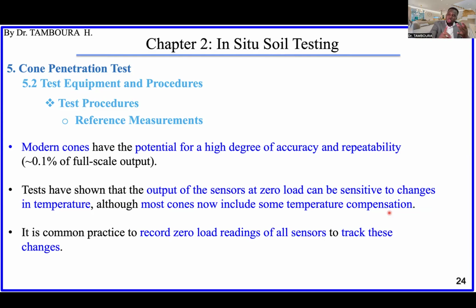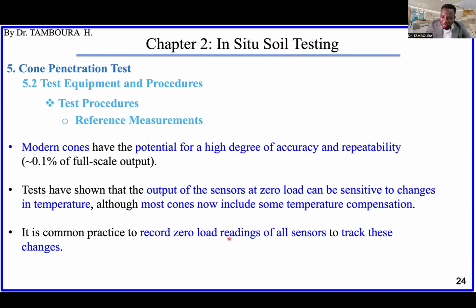If you read zero loading inclination, temperature, you measure the friction, cone resistance, pore water pressure, everything that you will measure during the test, measure it at zero loading and check.